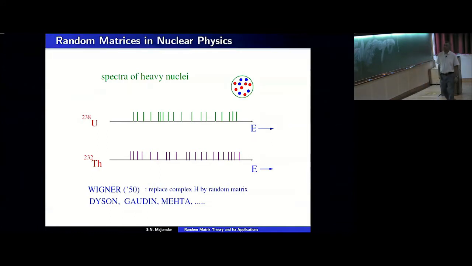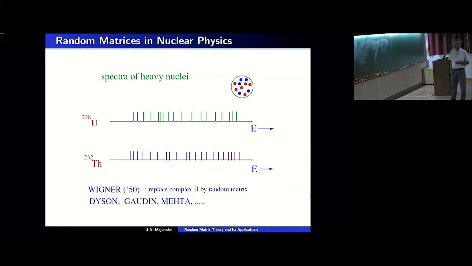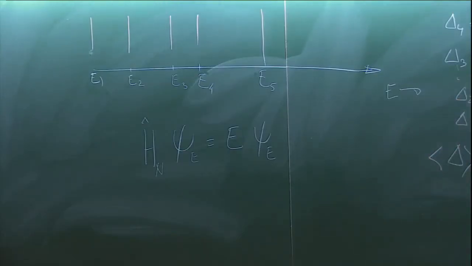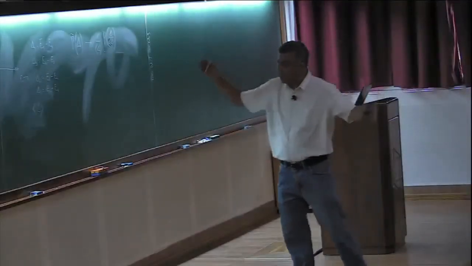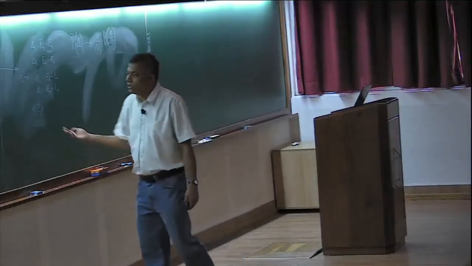What he thought is that maybe the Hamiltonian is so complicated. Any Hamiltonian, if you write it in any basis, will be an n by n matrix. So he says, your Hamiltonian is a very complex n by n matrix, and you don't even know what it is.